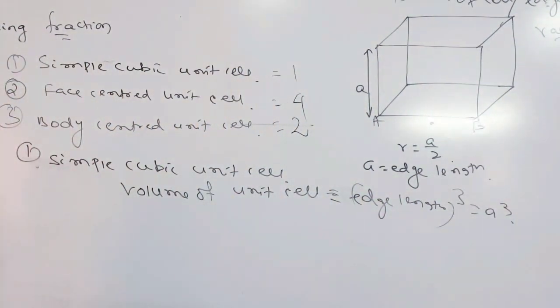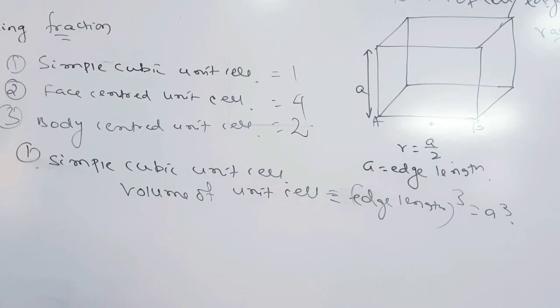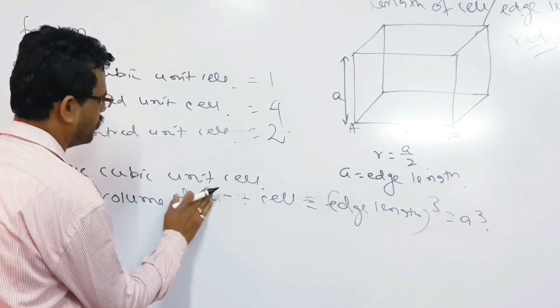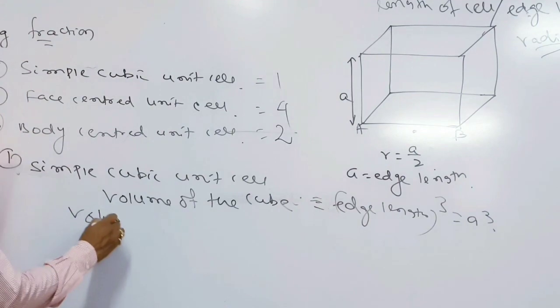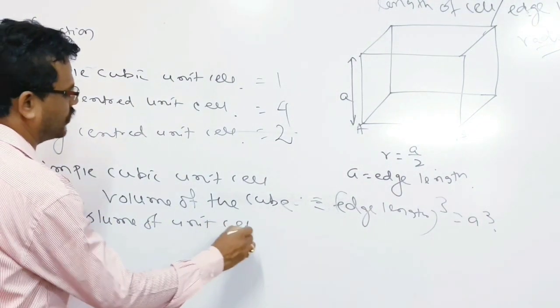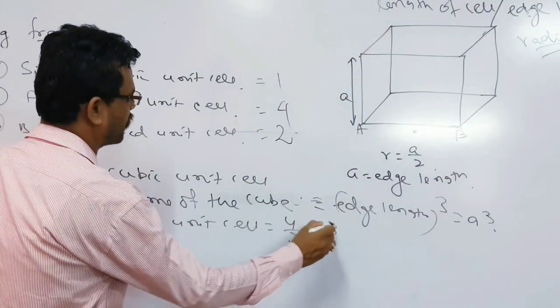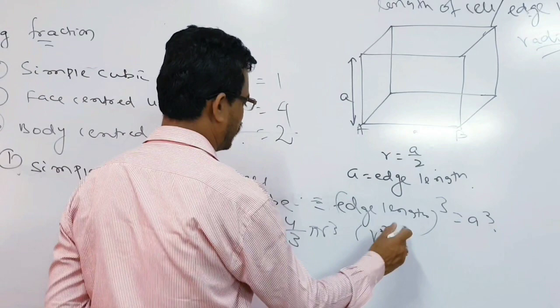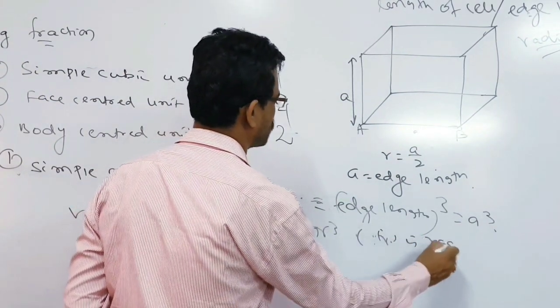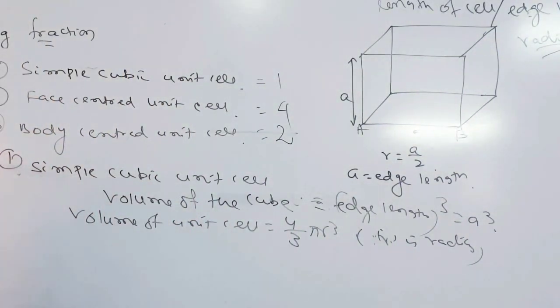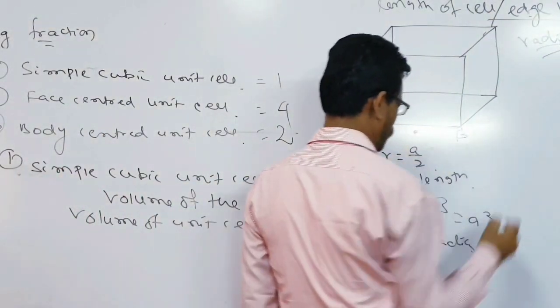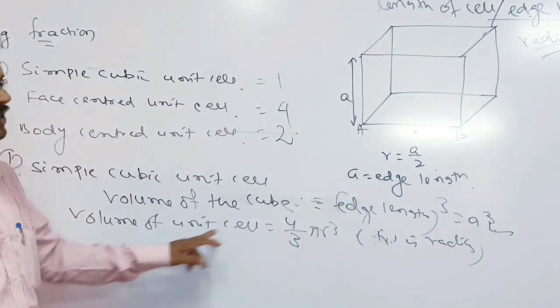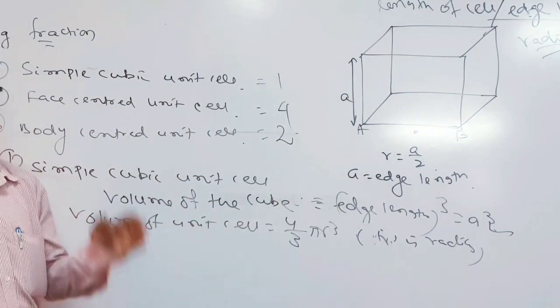The volume of the cube is a cubed. But the volume of one atom is 4 by 3 pi r cubed, where r is the radius, because it is considered just like a sphere.